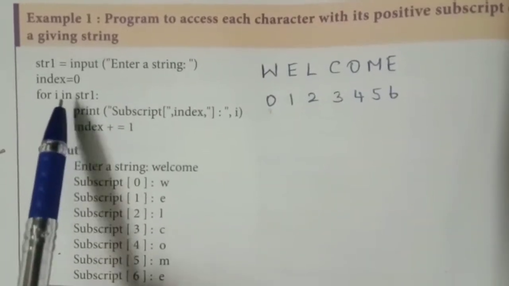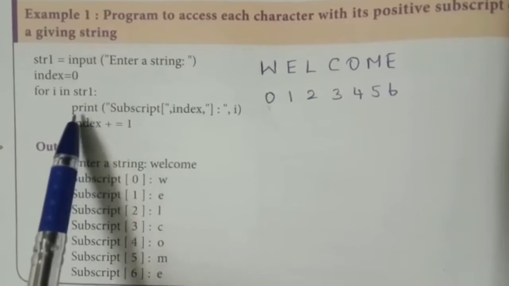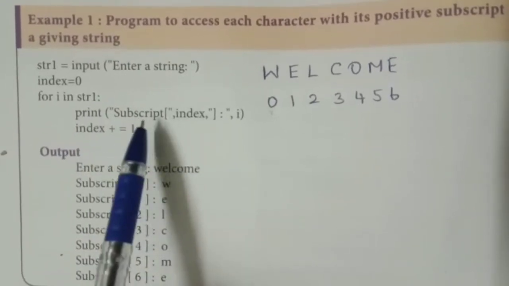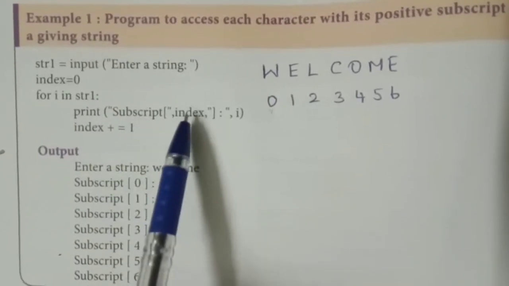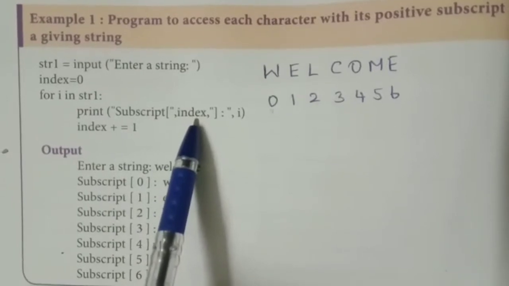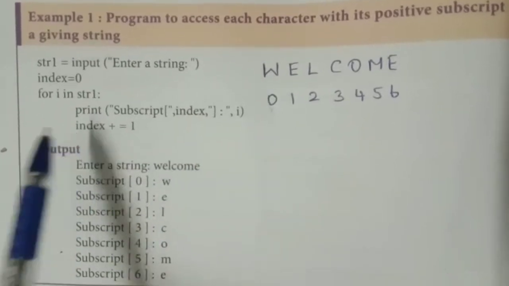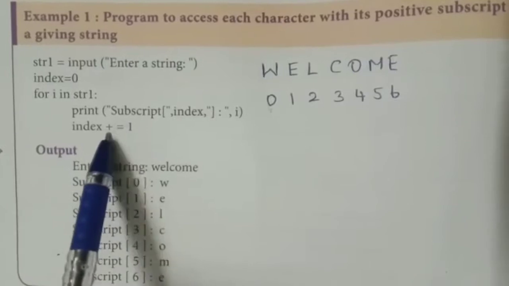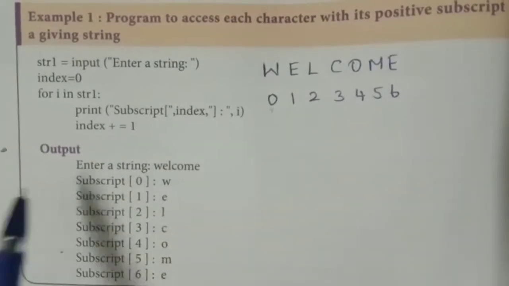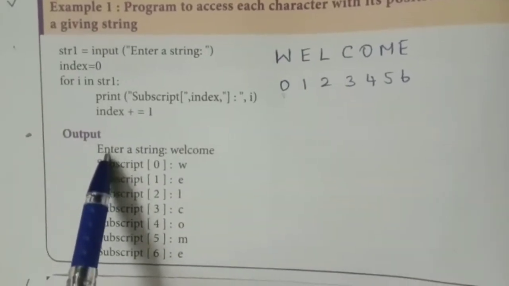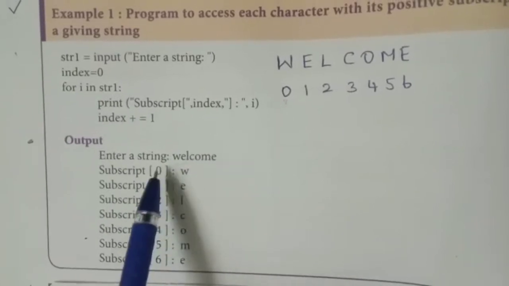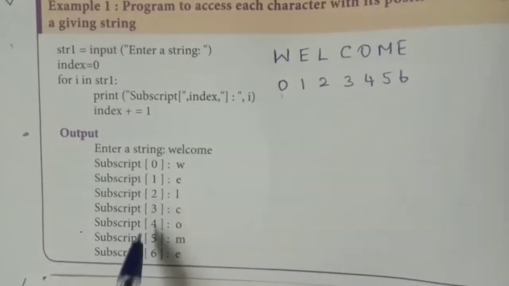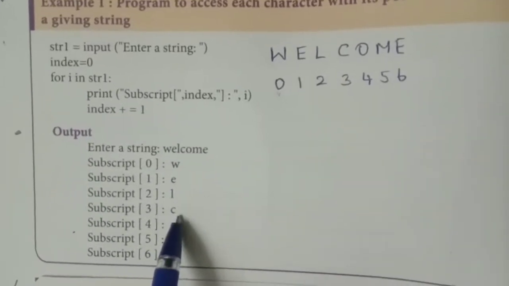For i in str1, print subscript index. They are asking you to print the index and character i, so the index has to be incremented, index plus equal to 1. So what will happen? The output will be: enter a string, welcome. For each index position, the character will be printed separately.